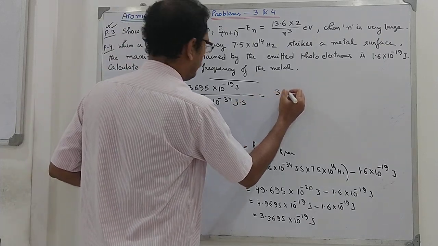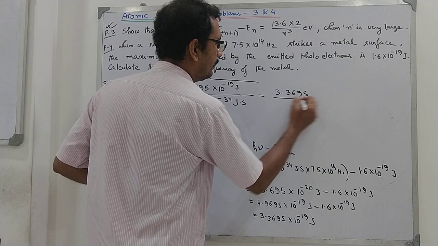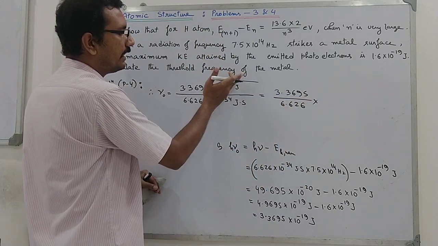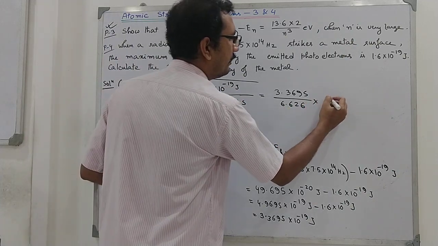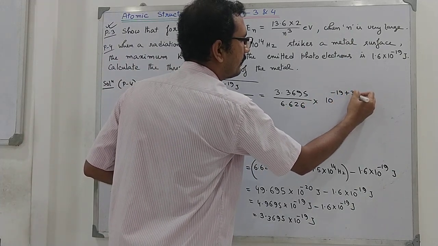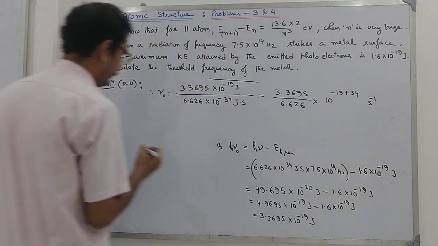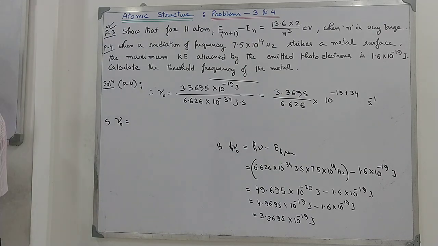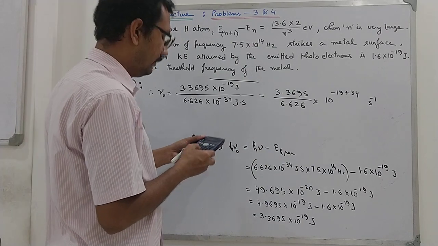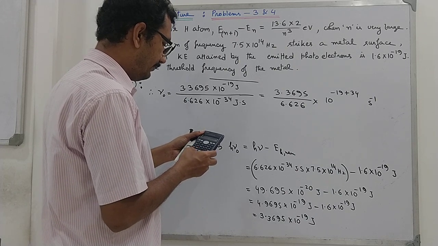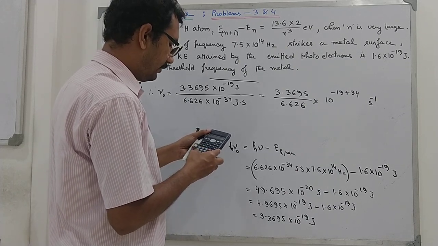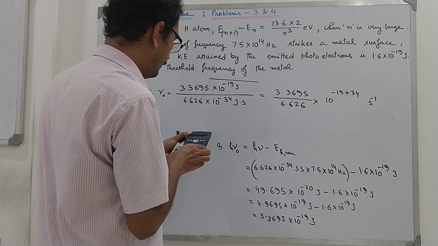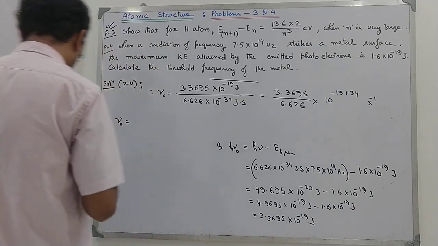Now this is 3.3695 by 6.626, and this 10 to the power minus 34 will come to the numerator, so it will be 10 to the power minus 19 plus 34, and it will be second inverse. For the threshold frequency you need a calculator again. 3.3695 divided by 6.626 equals 0.5085.